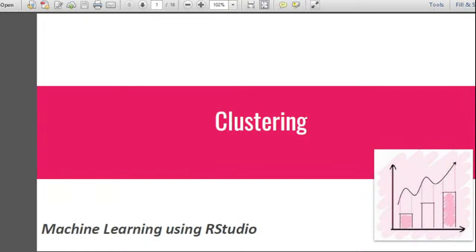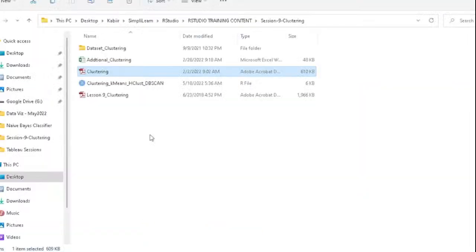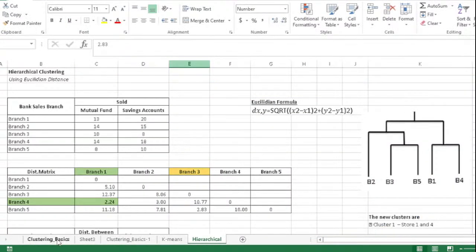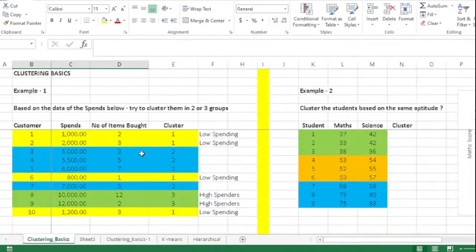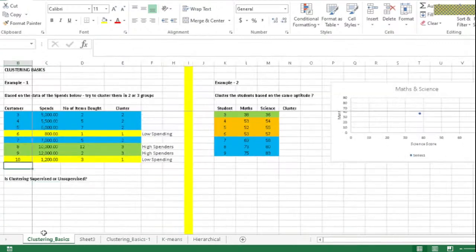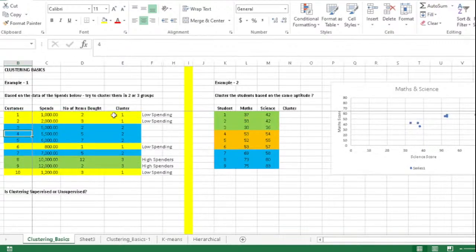First let me explain clustering with the help of an example. Let's say I have these 10 customers.